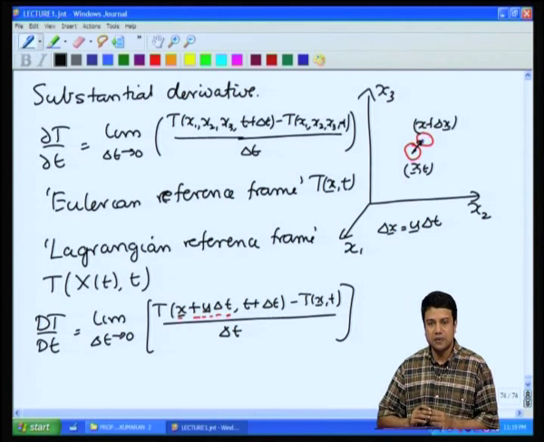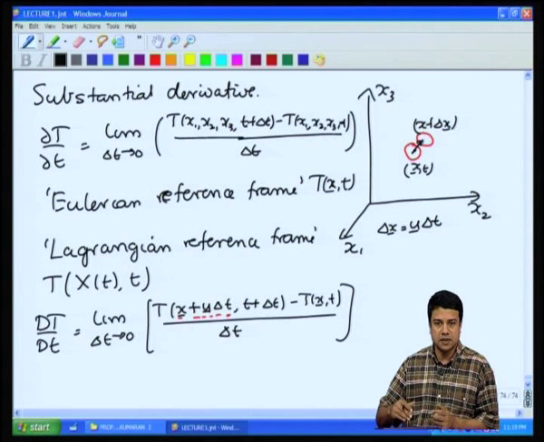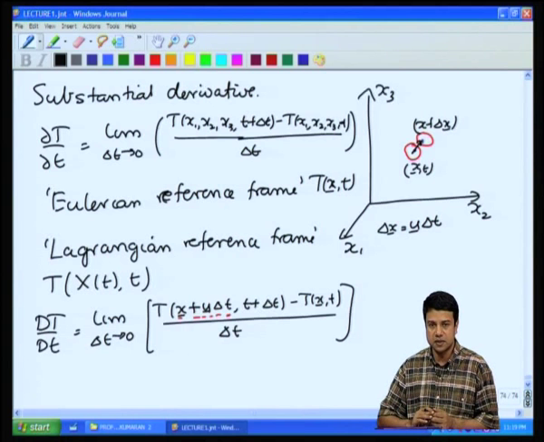And you can easily evaluate this in terms of the partial derivatives by just using the chain rule for differentiation, because x1 plus u1 delta t at time t plus delta t minus x1 at time t. So, you just evaluate it by taking partial derivatives.